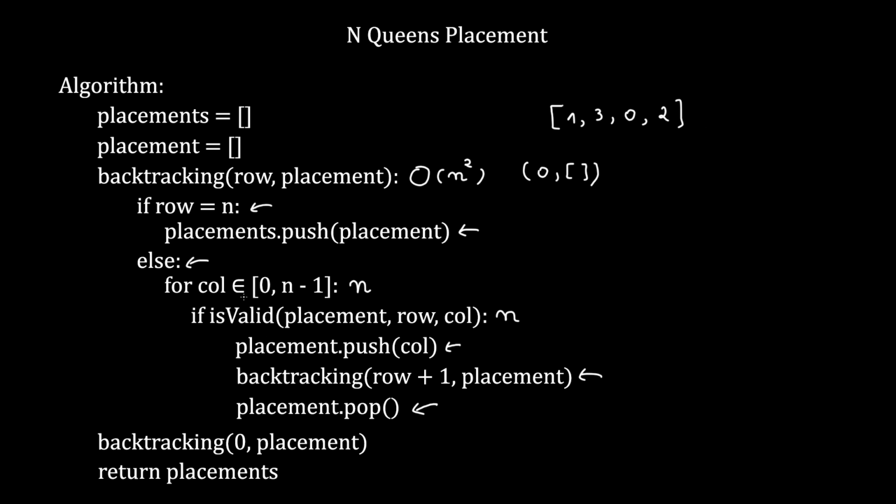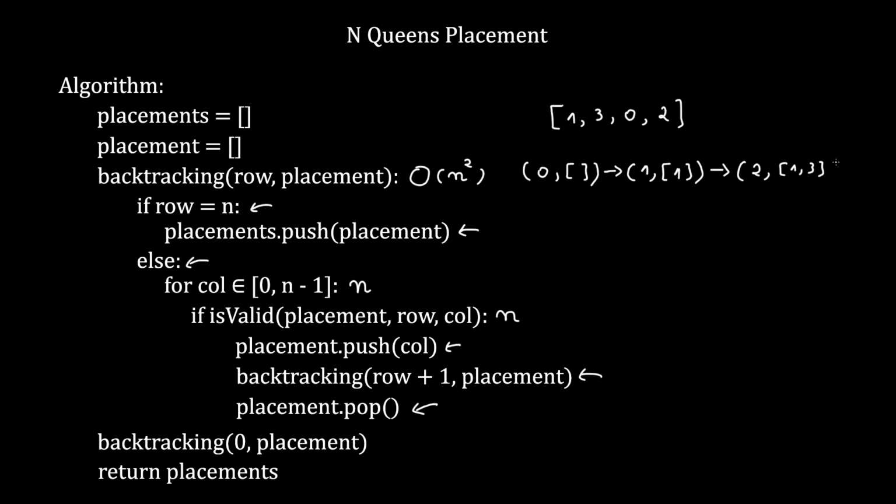Then, of course, my first column should be 1. So I'm going to have col equals 1, which is going to be valid. I'm going to push 1 and call backtracking for row plus 1 and our new array. Then, inside this function call, I'm going to have col equals 3 and push a 3 in order to get that solution, and then call backtracking for row equals 2 and 1, 3.